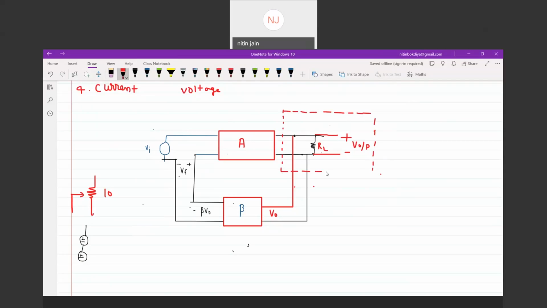This network is known as the sampling network.